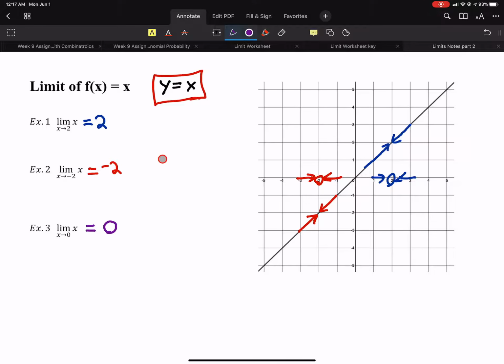So that's another property that you have to know. The generalization of this, I'll write it down: the limit as x approaches any number a of the function y equals x will be a.